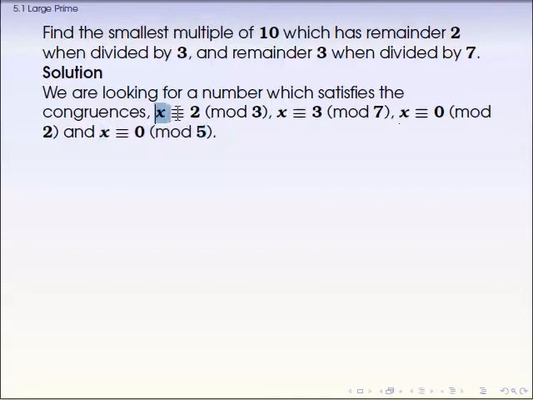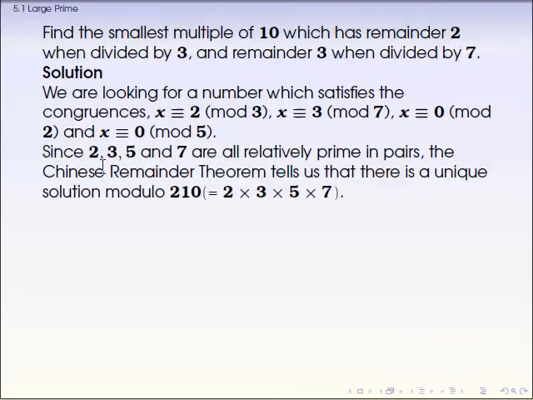The number should be congruent to 2 modulo 3 because of that condition, and the number is congruent to 3 modulo 7 because of this condition. So we are looking for that kind of number, and we need to check the condition for applying the Chinese remainder theorem.